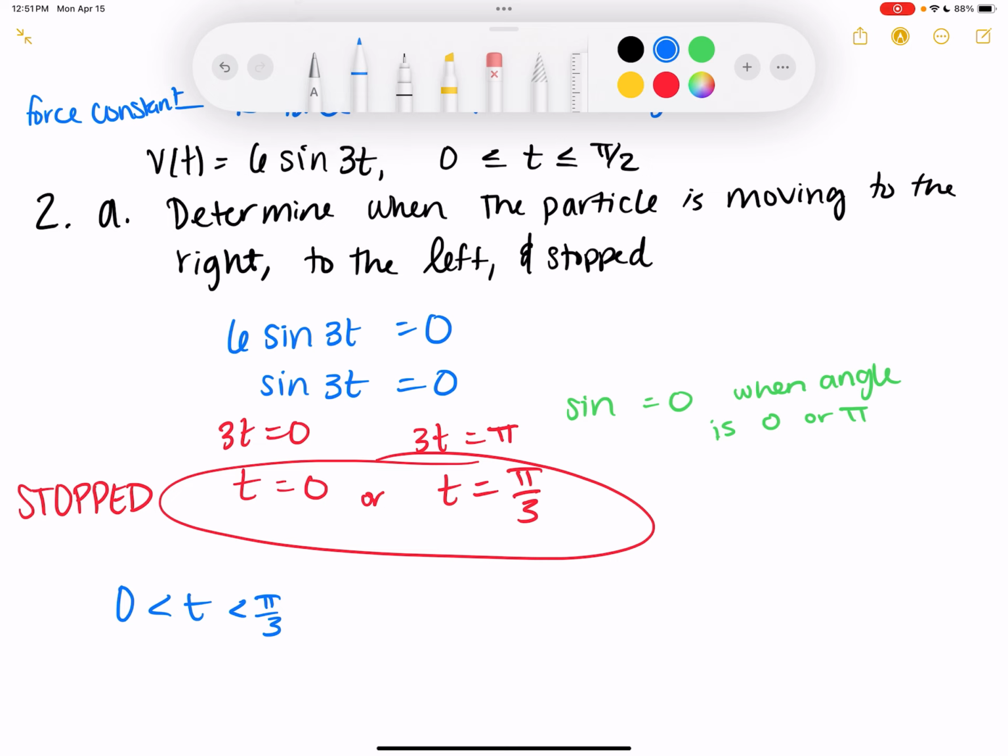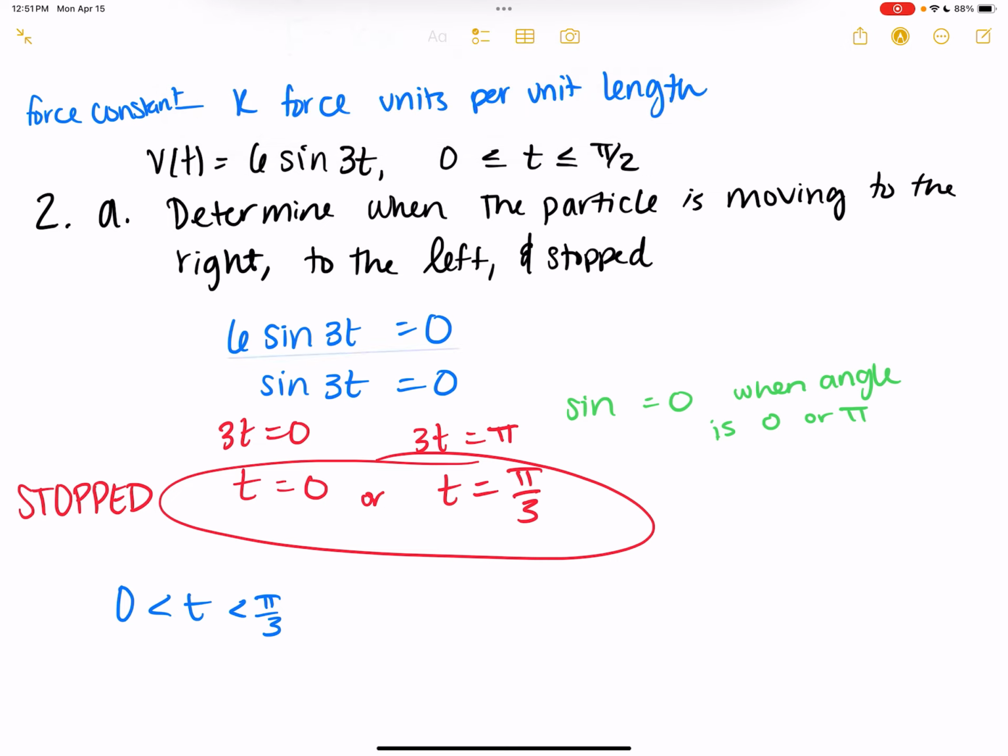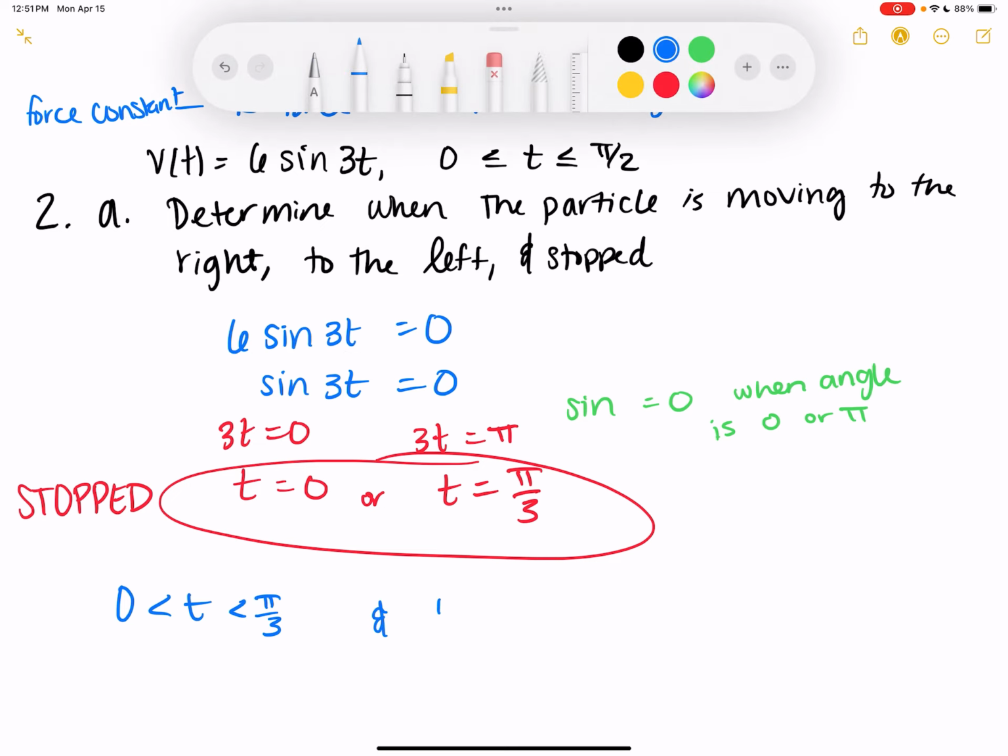This one t can't be equal to 0. Pi over 3, that's another stopping point, so it's just got to be less than. And then the other one is going to be pi over 3 less than t less than or equal to pi over 2, because pi over 2 is not a stopping point that we have.